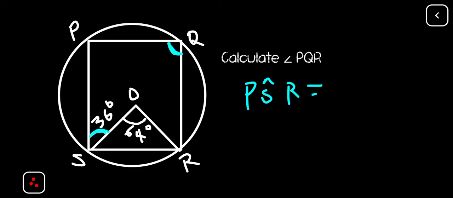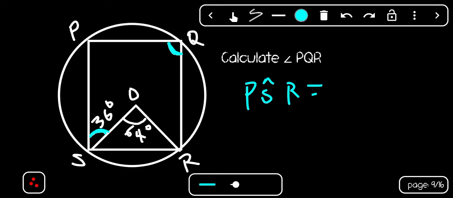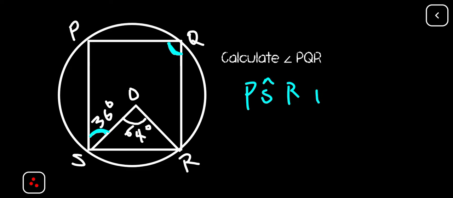PSR plus PQR is equal to 180 since they are supplementary in a cyclic quadrilateral. But we only know one part of PSR. We know PSO, that is 36 degrees. So we need to know this point here for us to know the remaining part, so for us to know PSR actually.